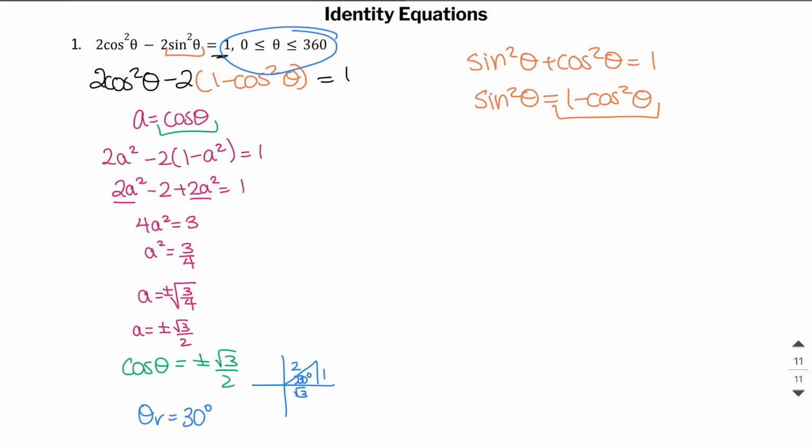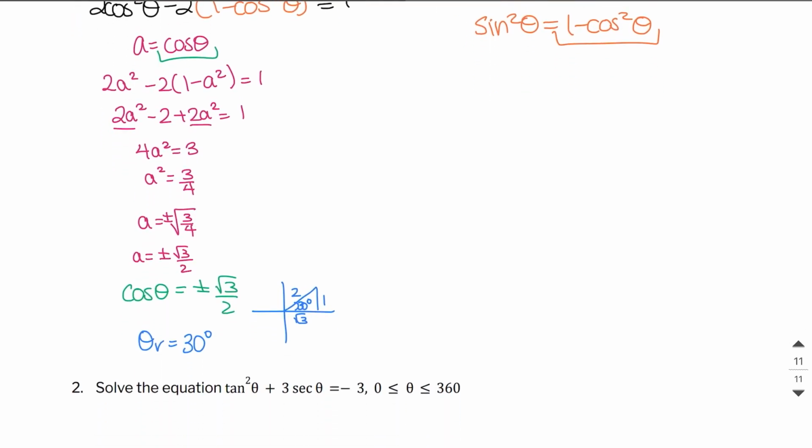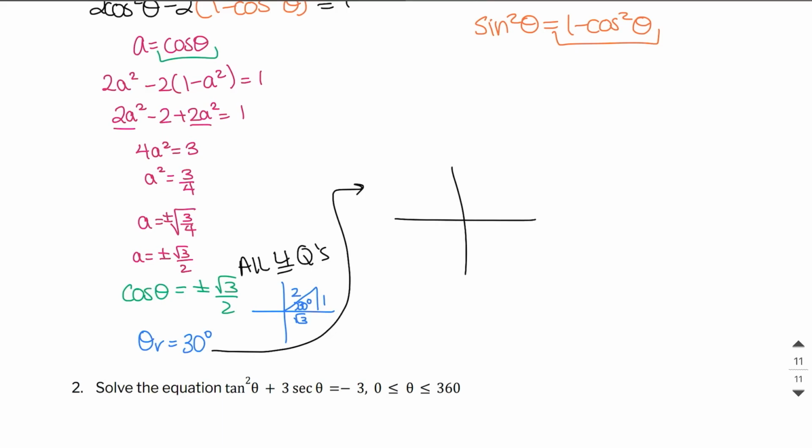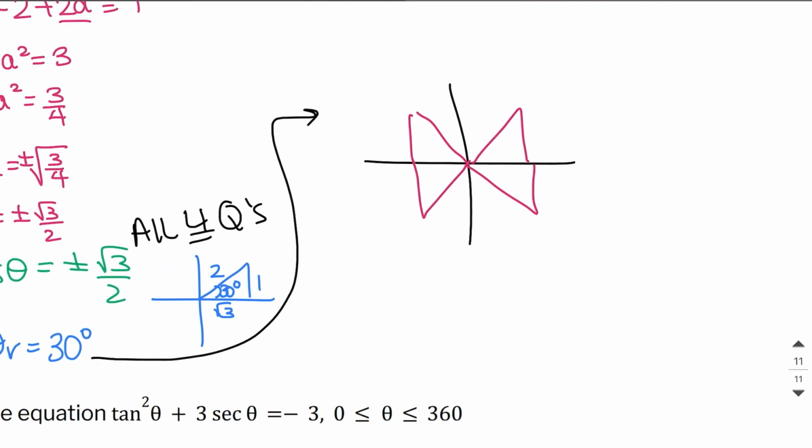We're looking for the answer between 0 and 360, but because this is plus or minus root 3 over 2, our answers are going to be in all 4 quadrants, because cosine is positive or negative in all 4 quadrants. So we will end up getting 4 different answers where your related acute angle is 30 degrees.